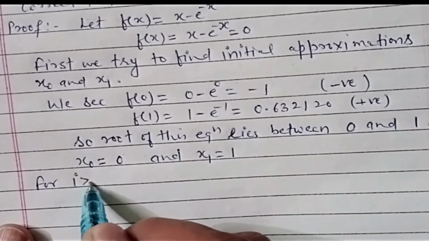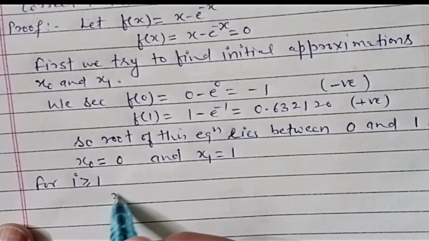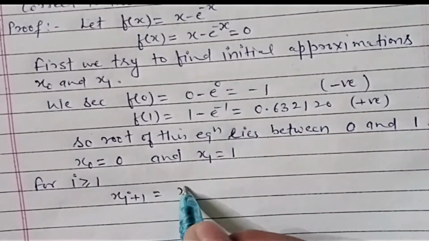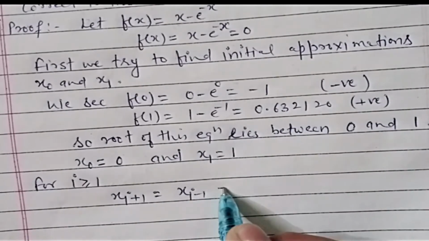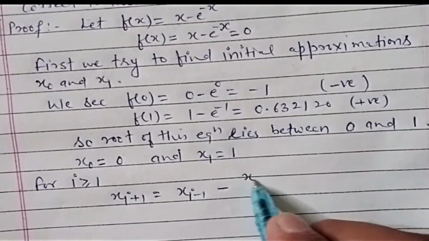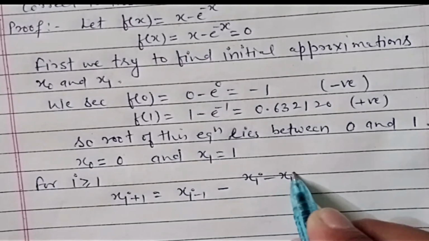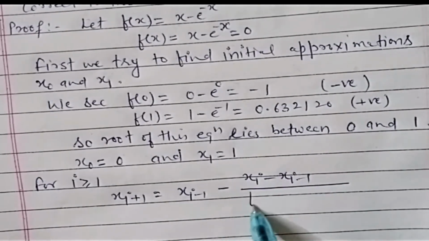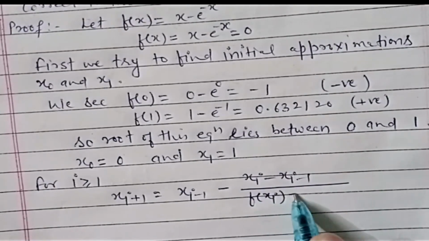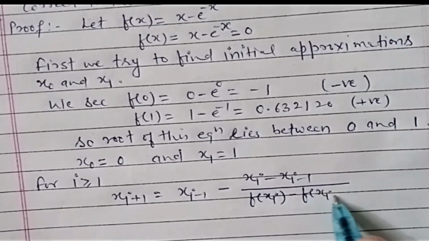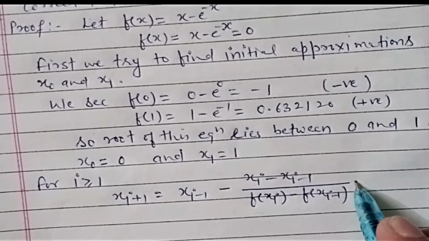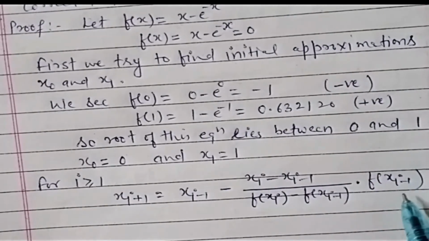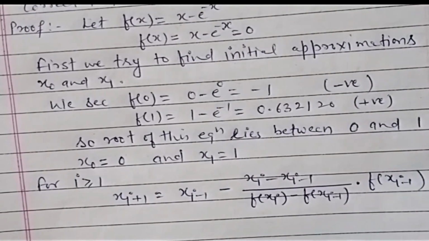For other approximations, we use the formula x i plus 1 is equal to x i minus 1 minus (x i minus 1) upon (f of x i minus f of x i minus 1) into f of x i minus 1.